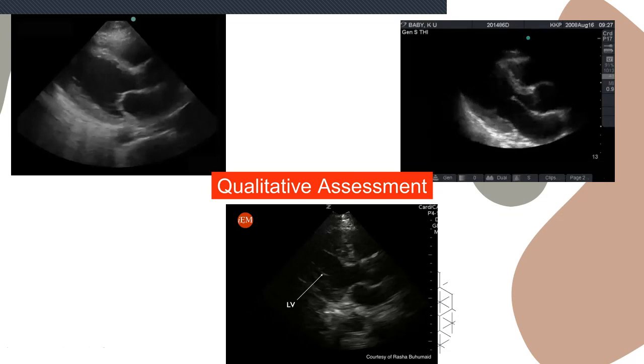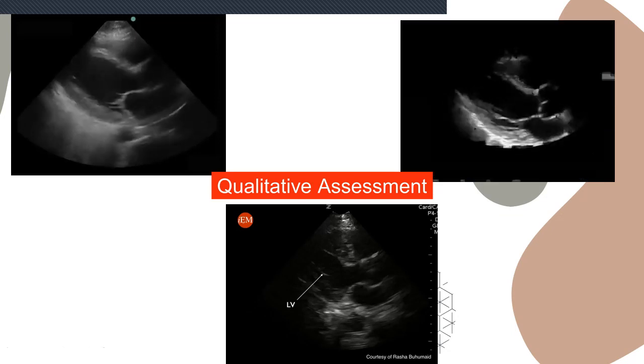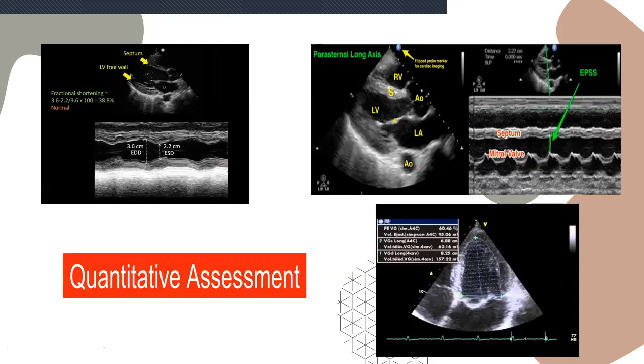So this patient, I think, definitely can take fluid. You will see whether the patient is fluid responsive in the other scans that we do. This is what we call qualitative assessment. This is what we do in the ED. It's faster, and you don't need to be an expert in ultrasound.